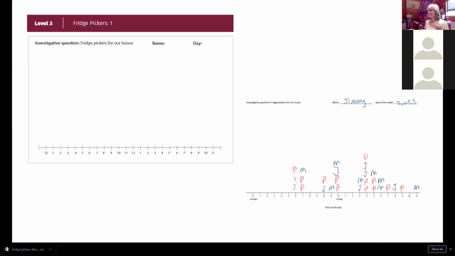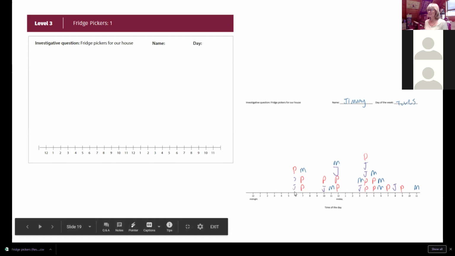The little home investigation is looking at fridge picking, how often people pick from the fridge. And I think that you actually would do more than just fridge picking. You'd say every time somebody goes to the fridge, they record it. Depending on what you want to do with your students, I could set it up so everybody puts their initial each time they go to the fridge within a certain hour group.